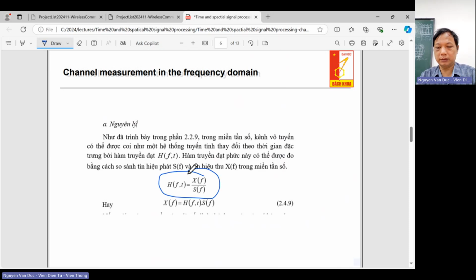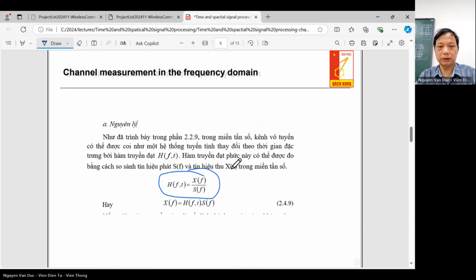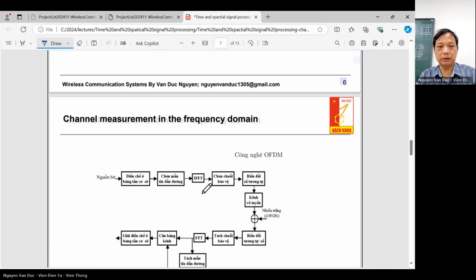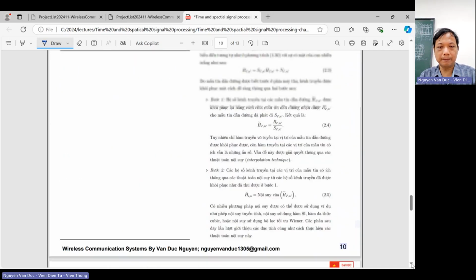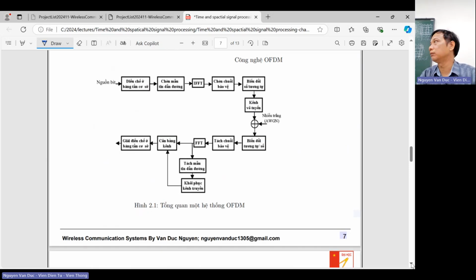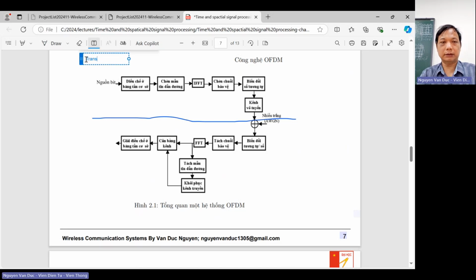Let's say that's the first step. I'm sorry, that is the third step. Yeah, this one. So we divide the received signal by the transmitted signal. And regarding the system level or system simulation, let's say we have a transmitter here and a receiver here, and we have a channel.